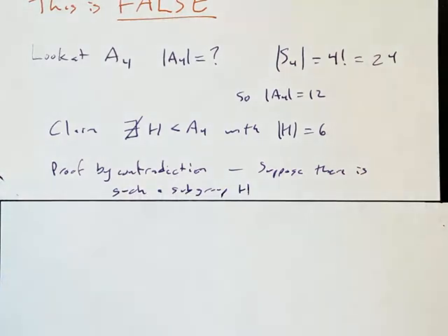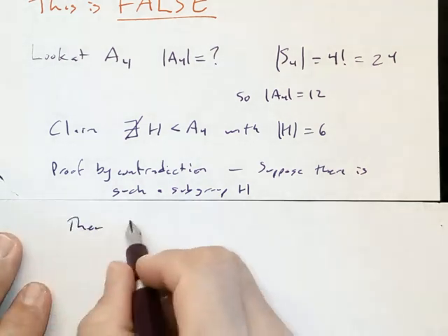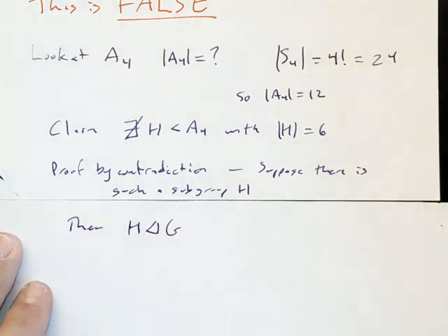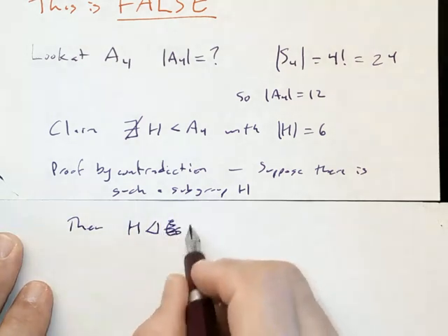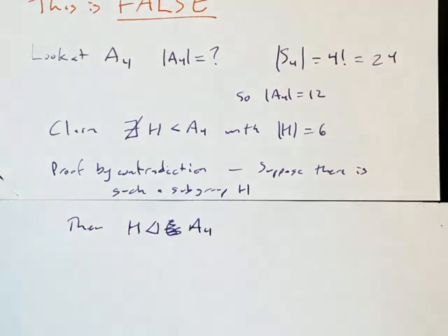Oh, wait a minute. If H is a subgroup of A4 of size 6, then H must be normal in A4. Why should that be true?